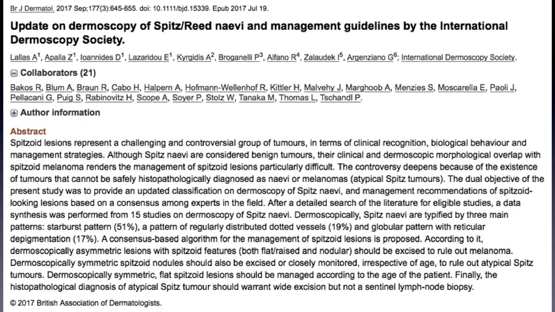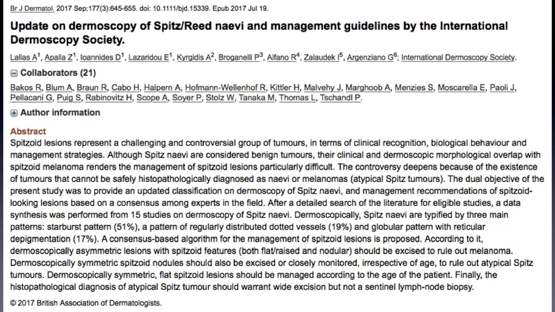Given the low incidence rate of melanoma in children, and we speak about patients below the age of 12 by convention, but in general, before puberty, we consider patients before puberty.